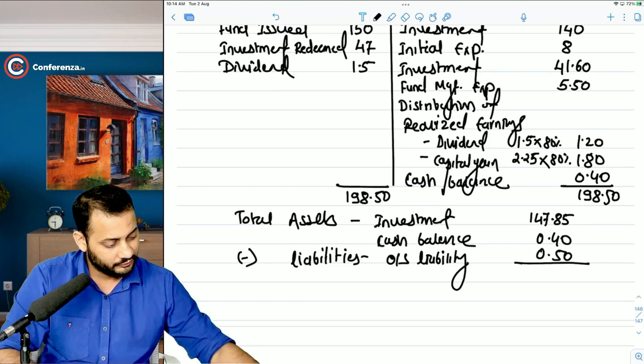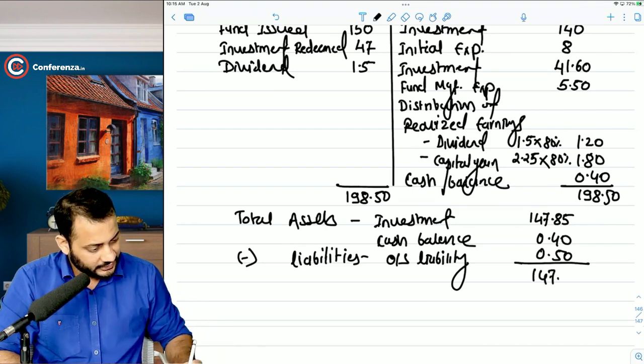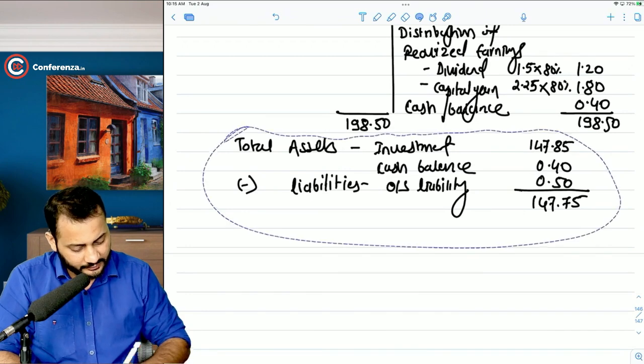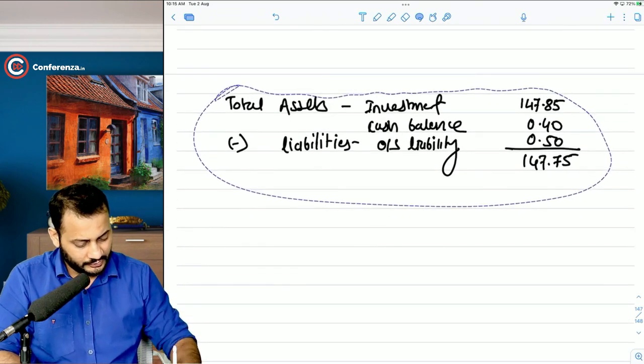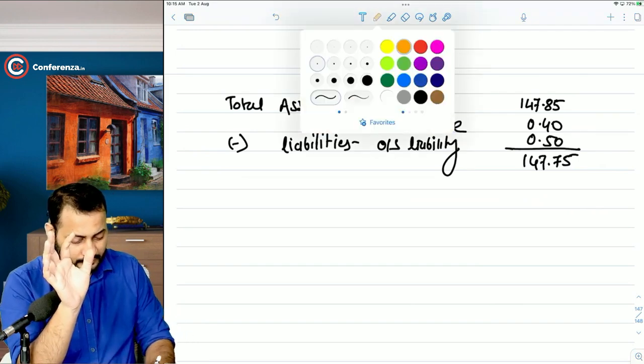Let's do that. 147.85 plus 0.40 minus 0.50. So the net assets are 147.75. Are you getting it? Let's take that on the next page. So this is the net assets, we can say. Now what to do?